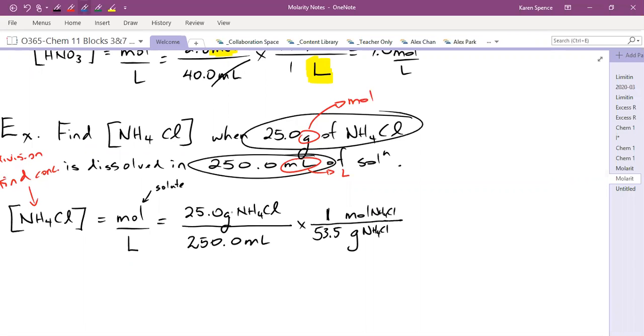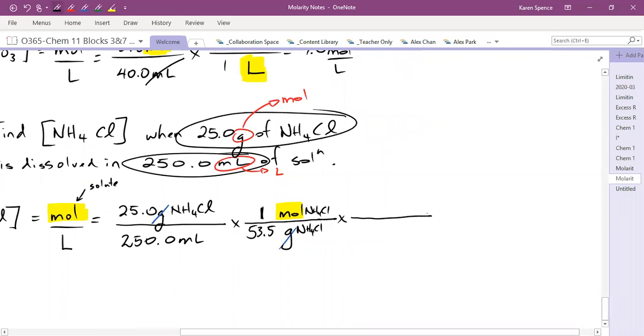Okay, that means our grams are gone. And on top, we are simply left with moles, which is what we want. Hooray. On the bottom, we don't want milliliters. We would like to have liters. So let's cancel our milliliters.